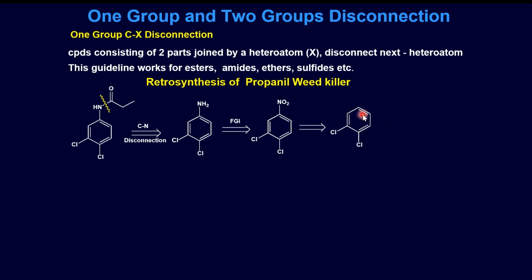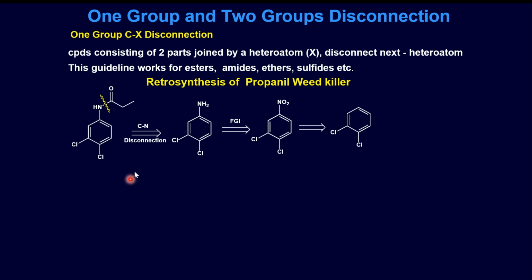As they are ortho-para directing halogens, ortho is already blocked, the nitro group comes and sits at the para position to the chloro group. If I reduce this nitro group, I'll get amino using a reducing agent like hydrogen or palladium. Then I treat with propanoyl chloride, I'll get the propanil weed killer.